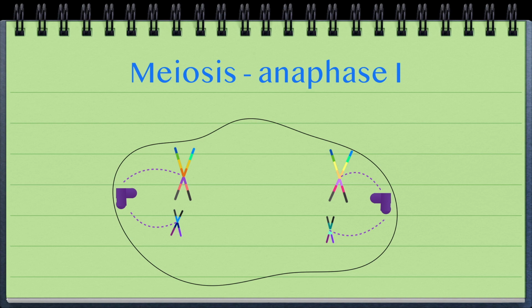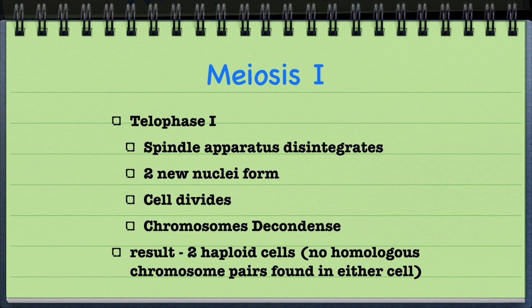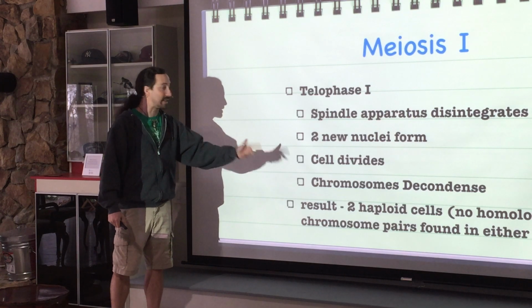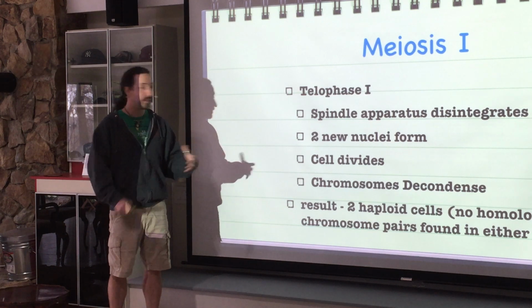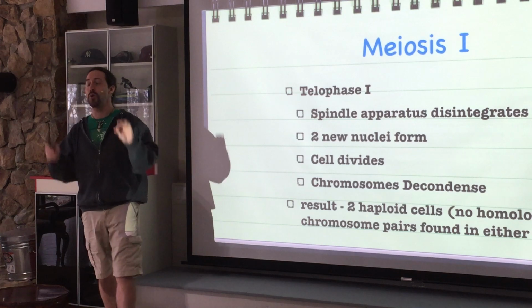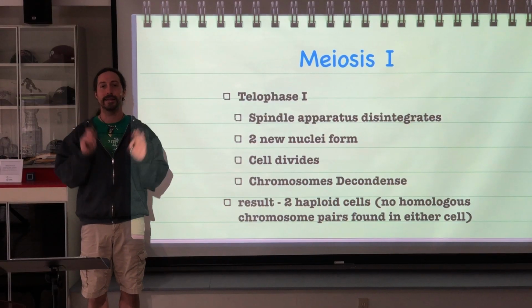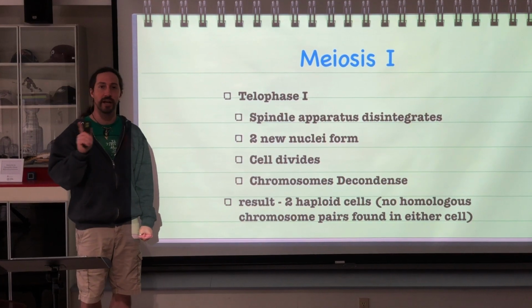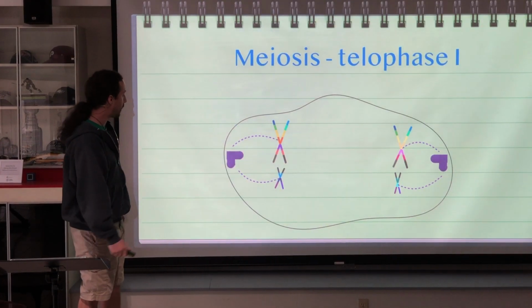And now that the homologous chromosomes are pulled apart, we go to telophase 1, and again, the spindle apparatus disintegrates, the 2 new nuclei form, the cell divides in telophase 1, all right? The chromosomes decondense, and the result is we have 2 haploid cells because they no longer have 2 sets of genetic information. They only have the 1 set.